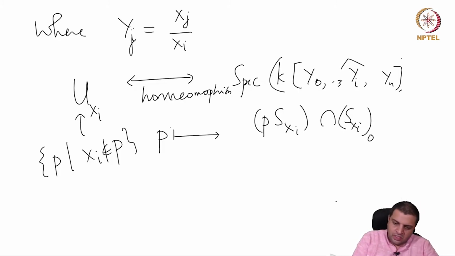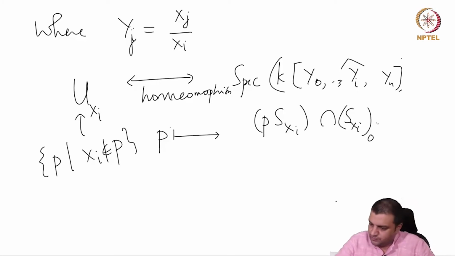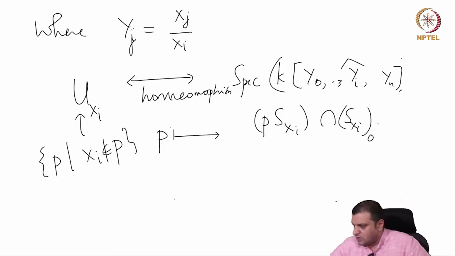So a prime ideal corresponds to inverting xi and then just looking at its degree 0 piece. So this gives a homeomorphism.